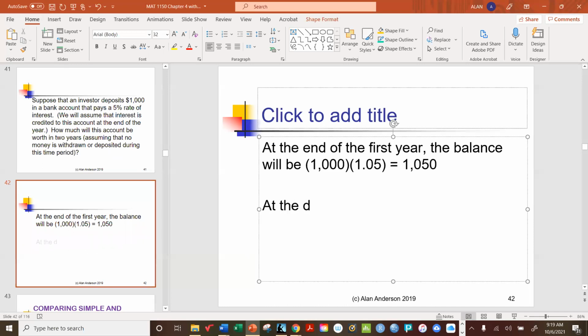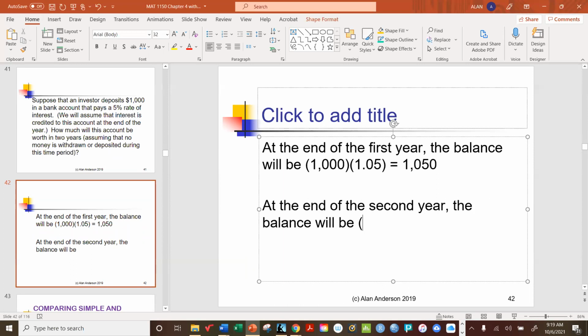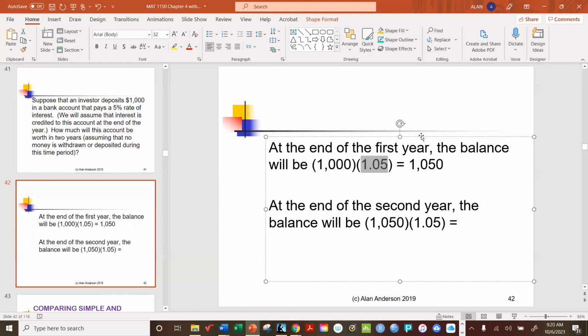At the end of the second year, the balance will be, now here's where it gets interesting. If you notice this time I'm multiplying the 1,050 by 1.05. By the way, 1.05 is B in our formula from before. This is actually 1 plus the growth rate, or in this case, the interest rate. So that's why I'm multiplying it by 1.05.